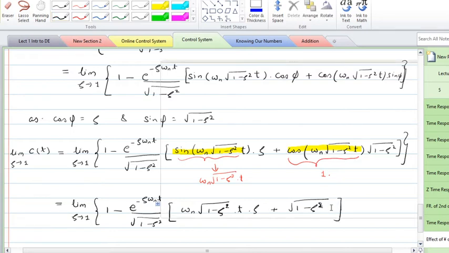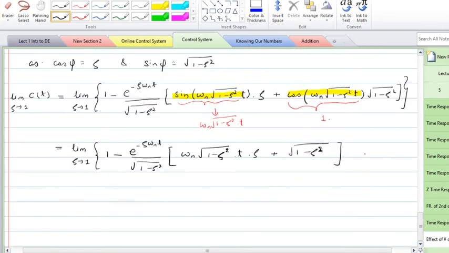If we solve this equation, we finally get C of t equal to 1 minus e raised to power minus omega n t multiply 1 plus omega n t.